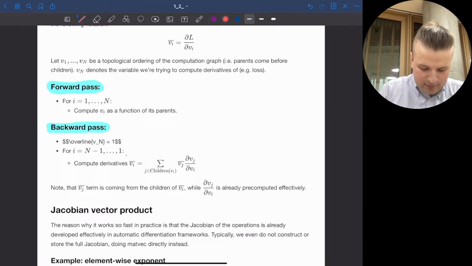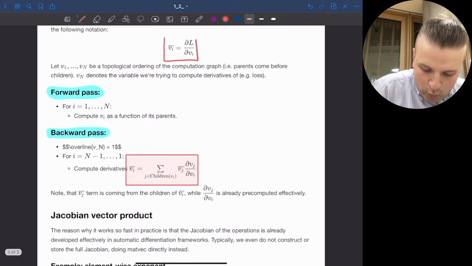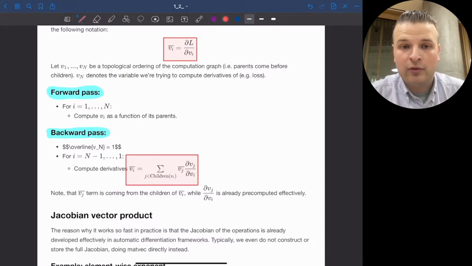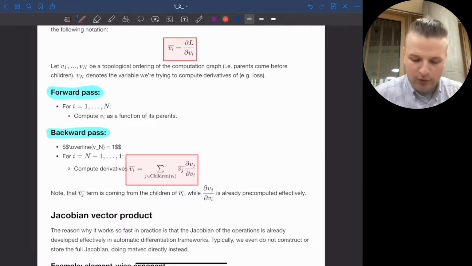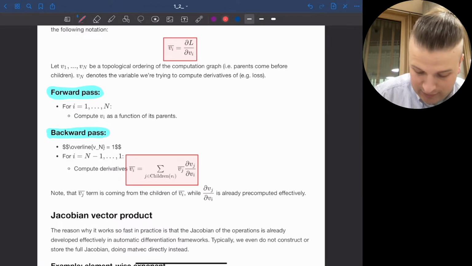And again, let's take a look at our notation here. We have the loss function L, which depends on all intermediate variables, and our goal is to find all these derivatives, which is overlined V here, right?